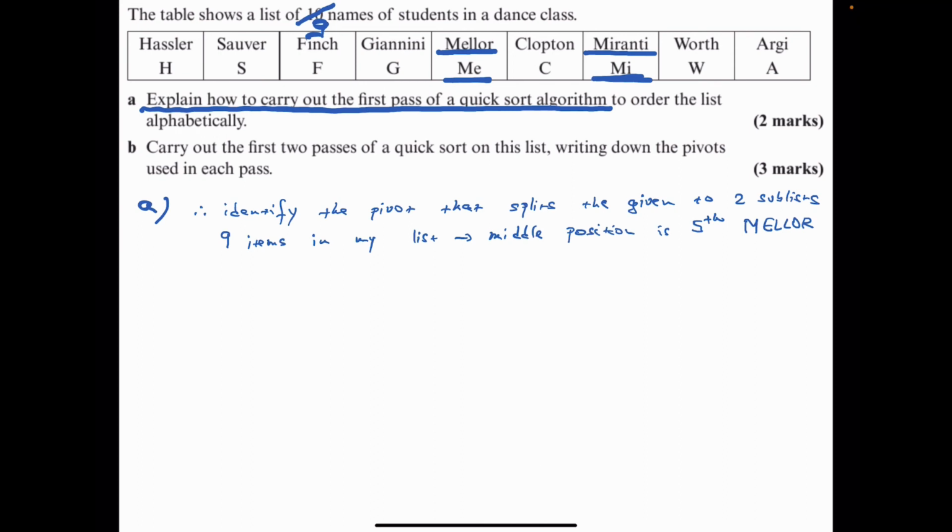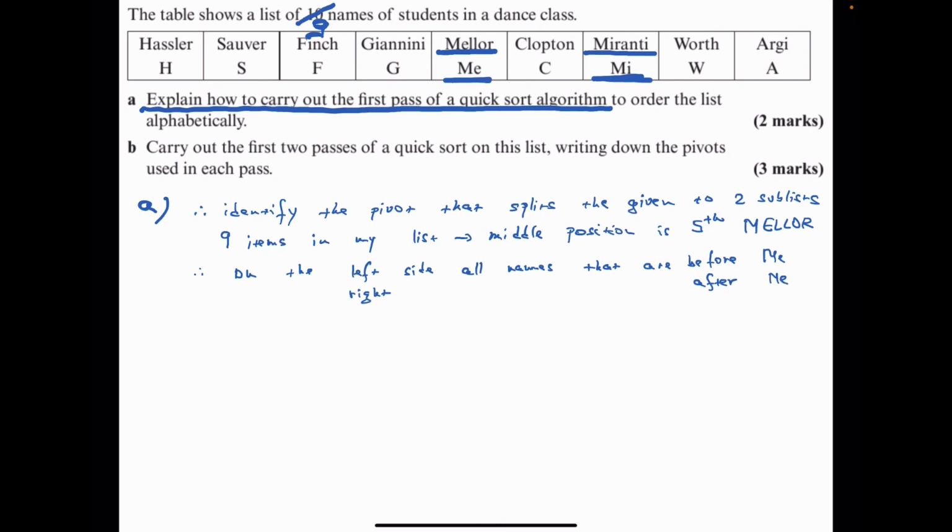And then I am placing on the left side of Meller all names that are before ME, and on the right side all names that are after ME. Okay, that would be your first pass.